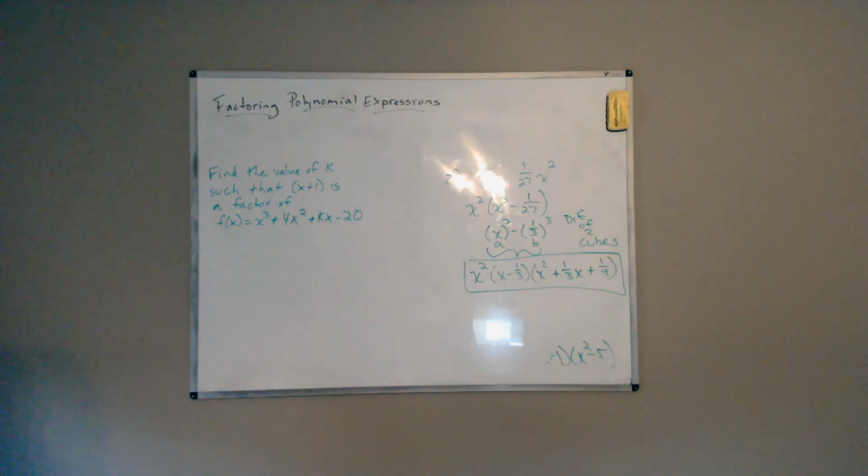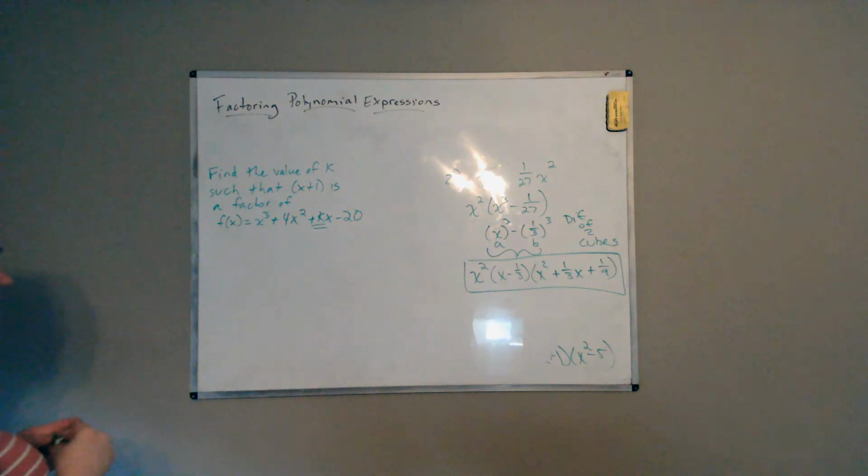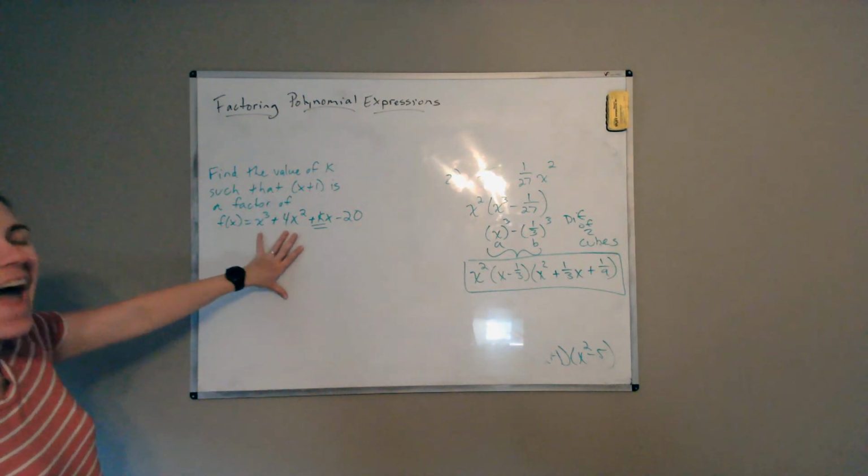Okay, so notice, here's the k. The coefficient on the linear term is missing. And what we're told is x plus 1 is supposed to be a factor of this.